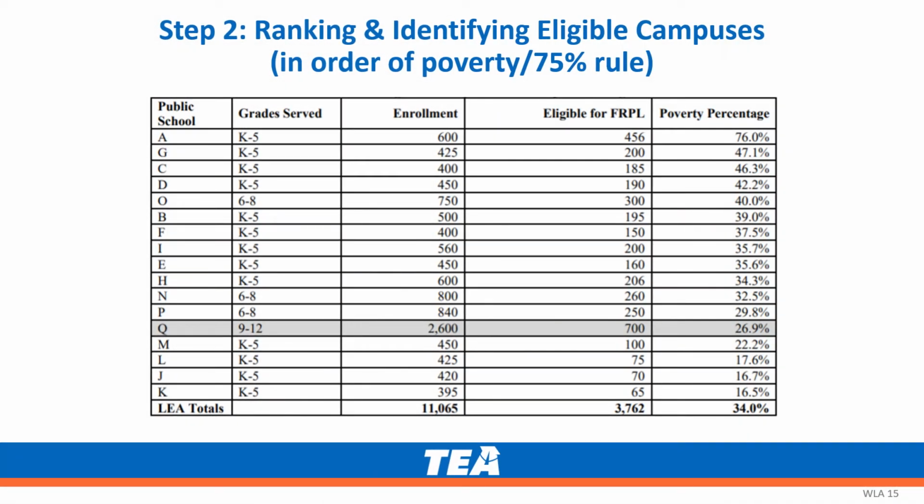In this example, the LEA would identify the campus or campuses above 75%. Since Public School A is the only campus above 75% poverty, it is the first campus that is to be allocated Title I Part A funds.